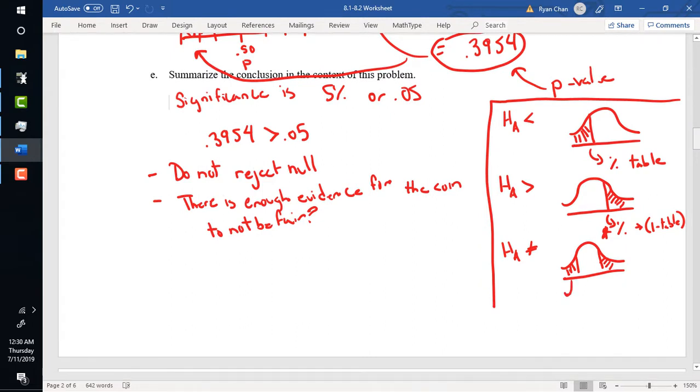This is going to be either 2 times whatever my table is, if my z is negative, or 2 times 1 minus the table, if my z is positive. So this is why your alternate is important, because it dictates what's going to happen. Let me show you another example right here.